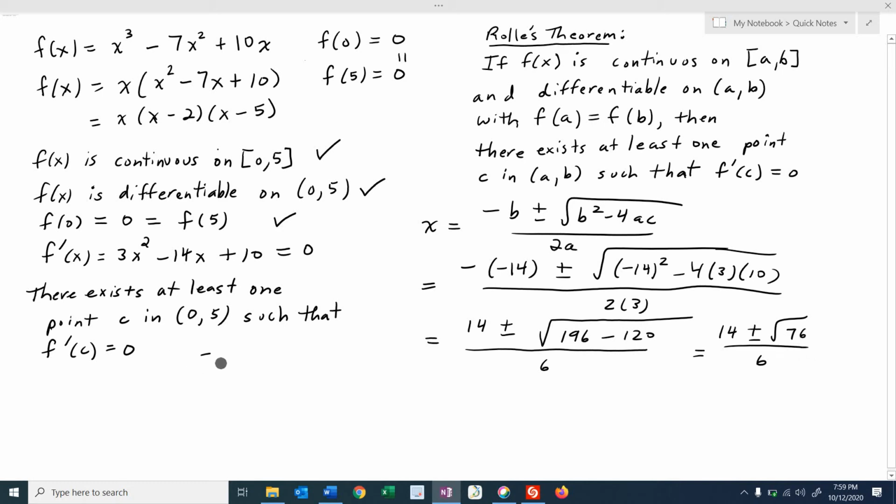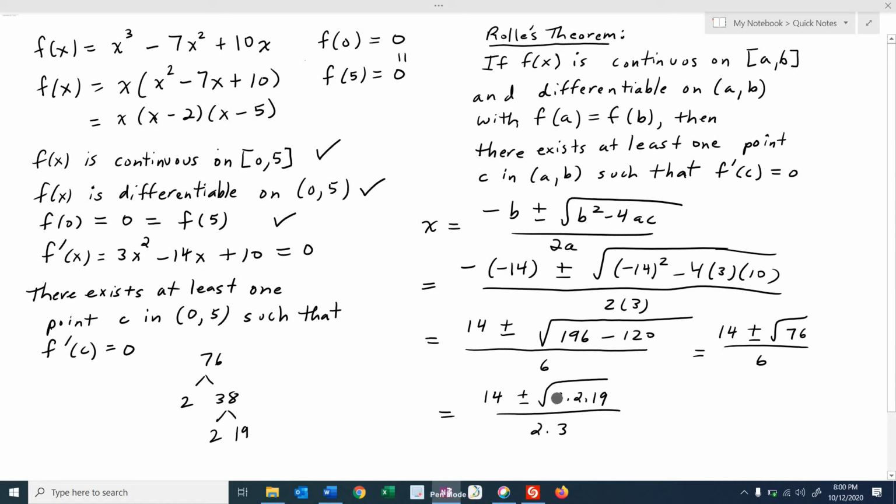Then let's look at the square root of 76 and see if we can't simplify that. So I believe 76 factors into 2 times 38, then 38 factors into 2 times 19. So you can write 76 as 2 times 2 times 19. And then the 6 can be written as 2 times 3.